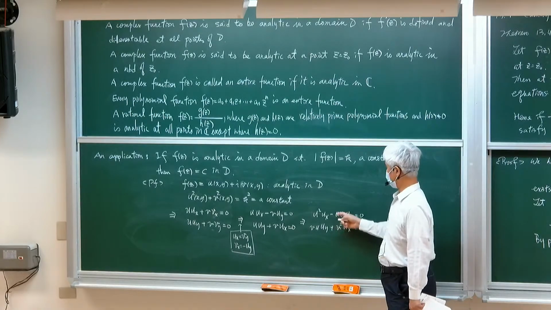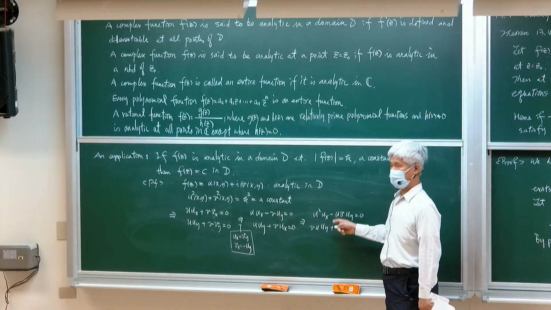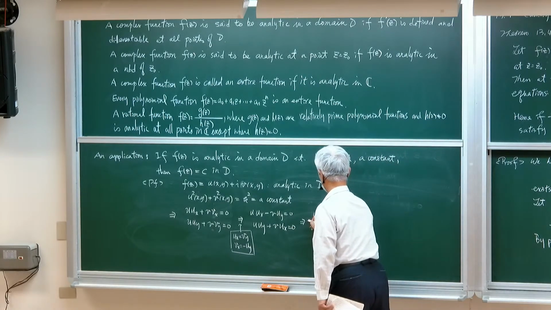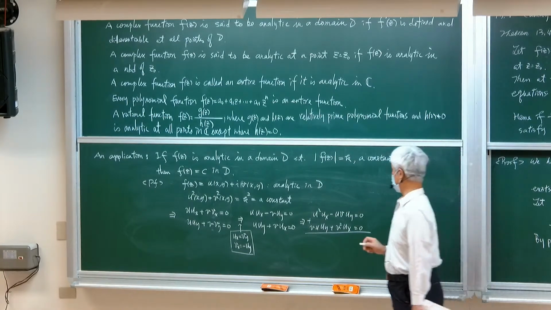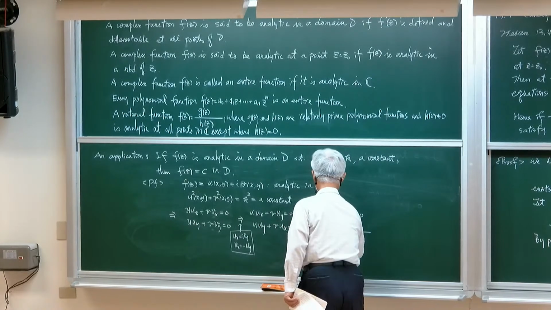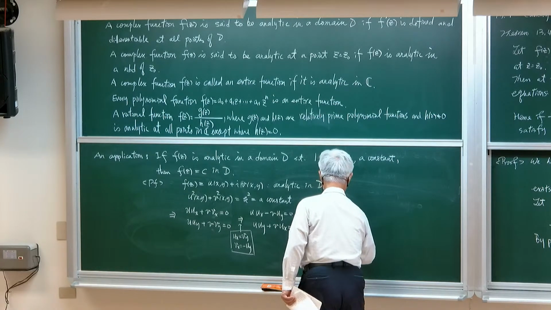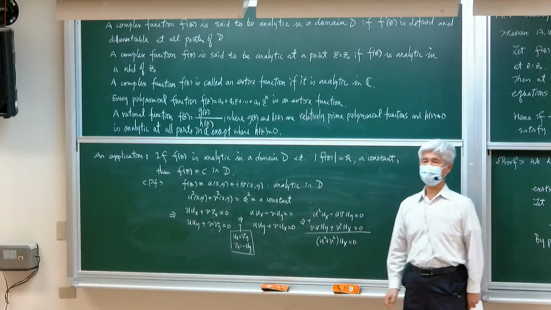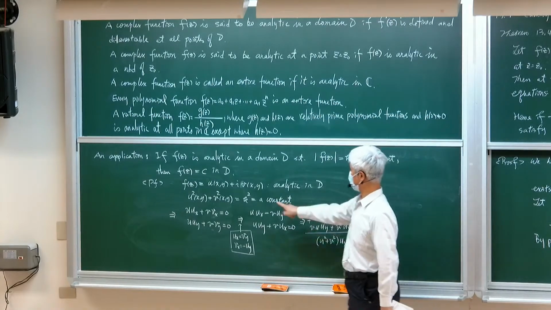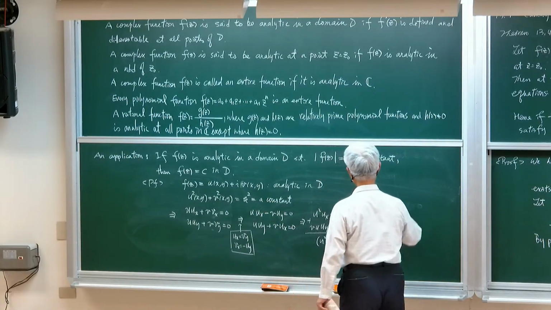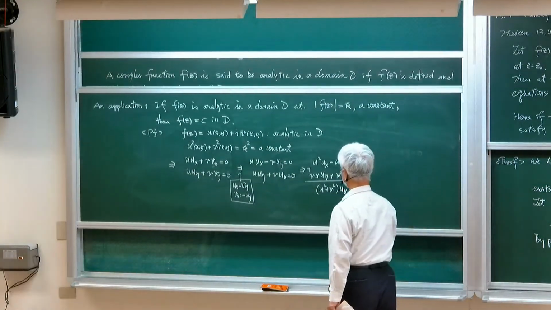And then we add these two together. If we add them, we find that we have u squared plus v squared times u_x equal to 0. And this is a constant, k squared.